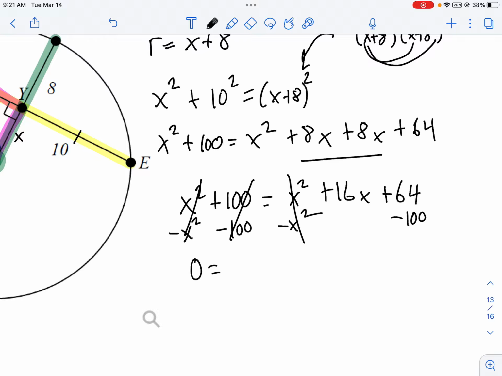Those cancel out. So now that just leaves you with the 16x, and 64 minus 100 is negative 36. And now you don't have any more x squared, so this is just a matter of getting your x by itself. So I'm going to move that 36 over. Frankly, if we didn't even subtract 100 in the first place, that might have been a little easier. Okay, so now we have 36 equals 16x.